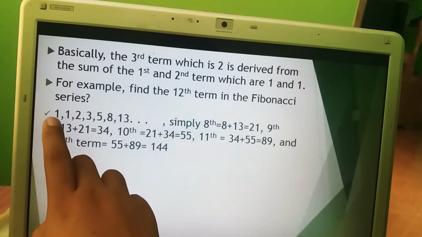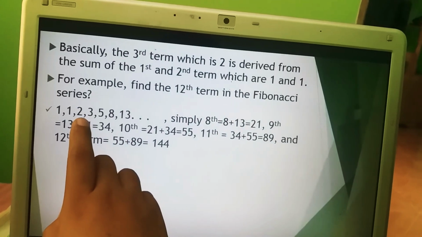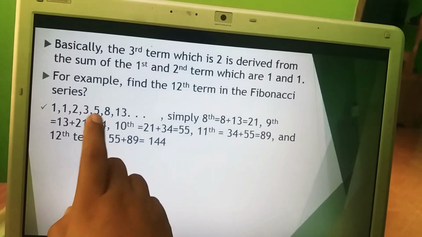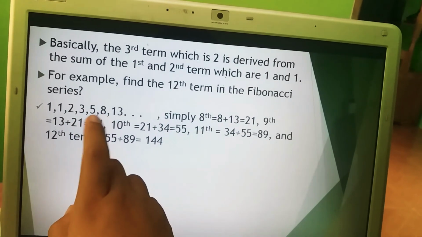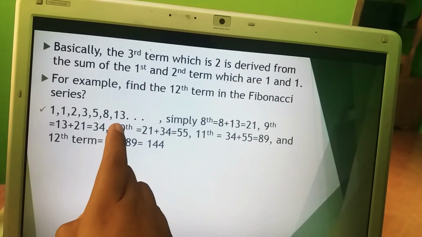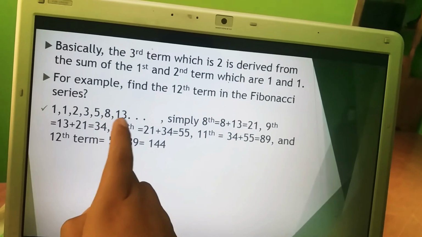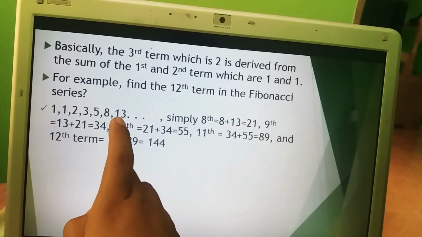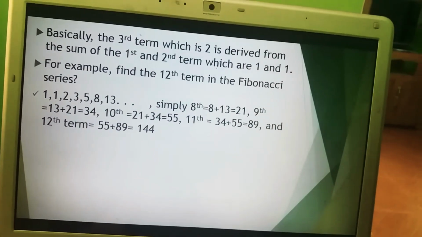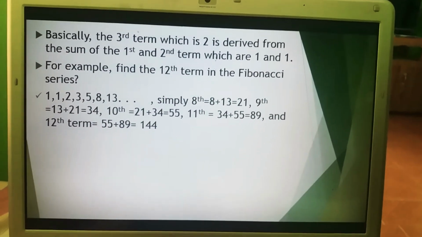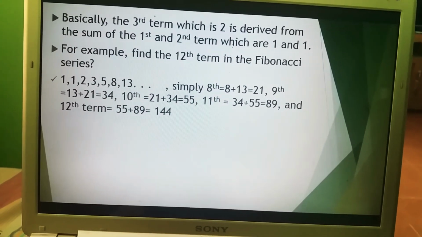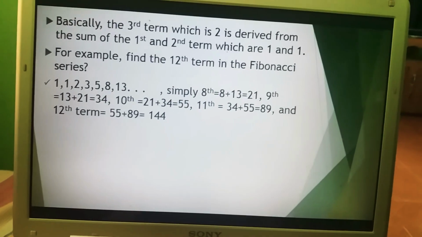Tapos, 1 plus 1 is 2. 1 plus 2 is 3. 2 plus 3 is 5. 3 plus 5 is 8. 8 plus 5 is 13. Tapos, 13 plus 8 is 21. Ganun yung ano niya. You just need to add yung dalawang magkasunod na number para makuha yung susunod.